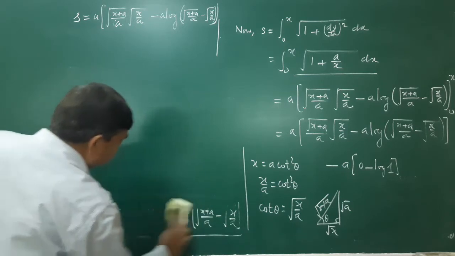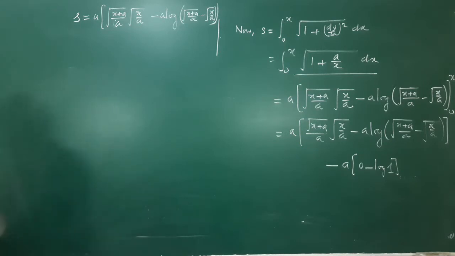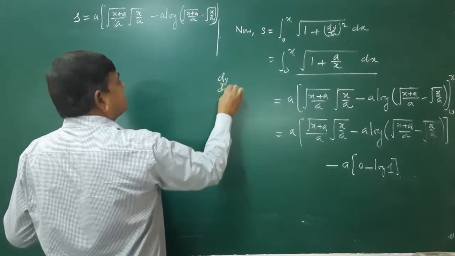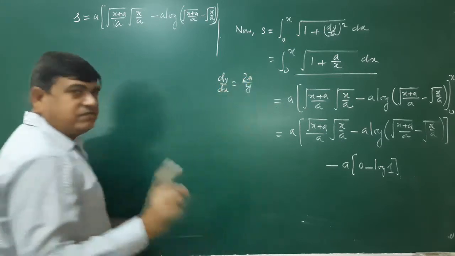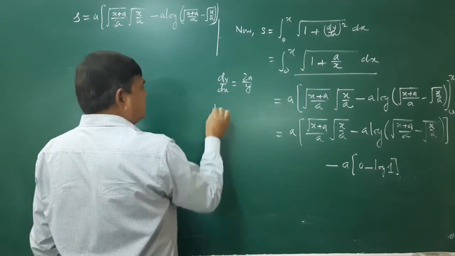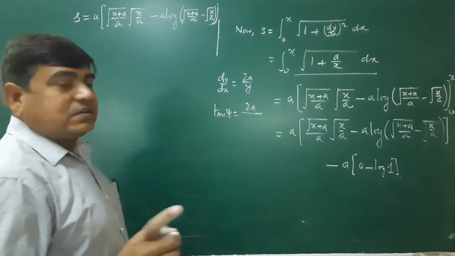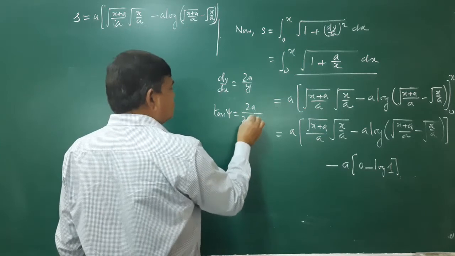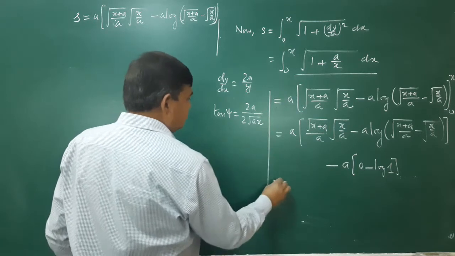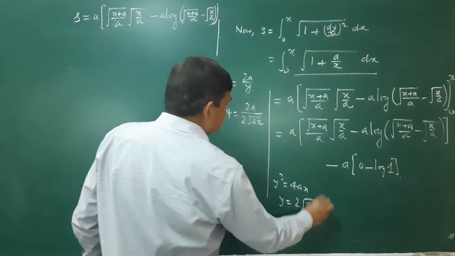But remember, this is not the answer. We want to find the relationship between s and psi. What was dy by dx? It was 2a upon y, if you remember, and this is tan psi equals 2a upon y. y means 2 root ax, because y square equals 4ax, so y is 2 root ax.